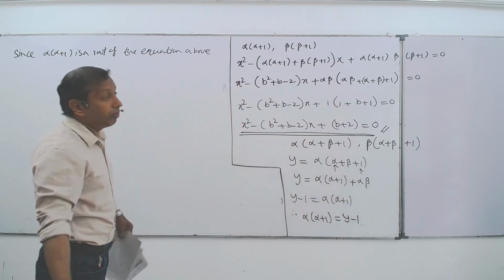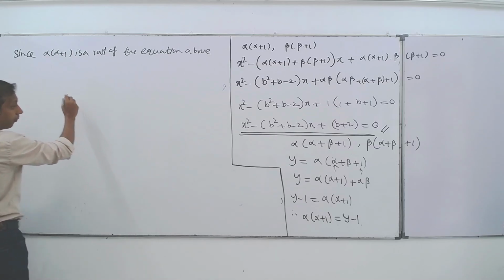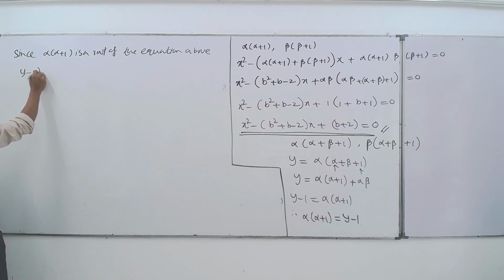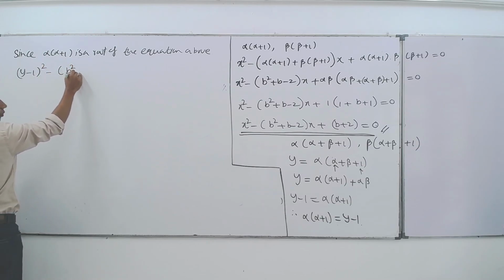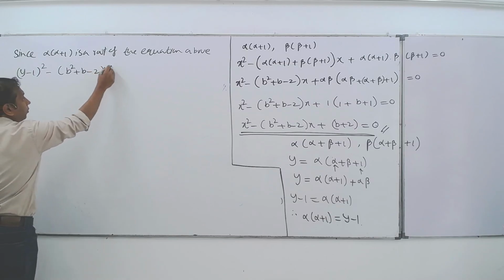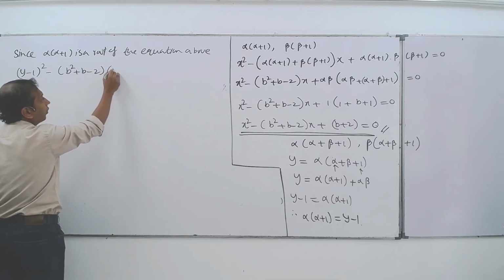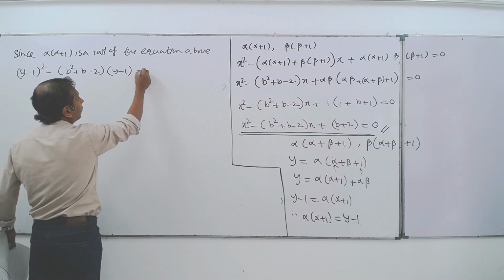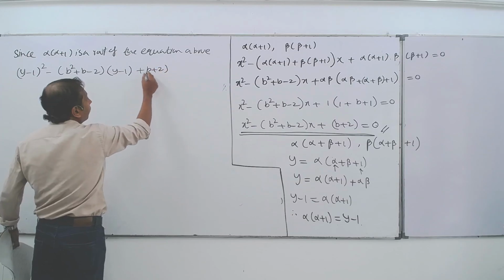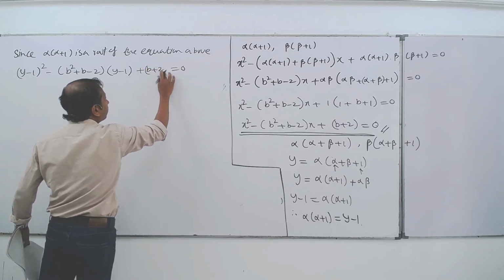Then we can put y minus 1 in the place of x, right? So (y minus 1) squared minus (b squared plus b minus 2) times (y minus 1), plus b plus 2 equals 0.